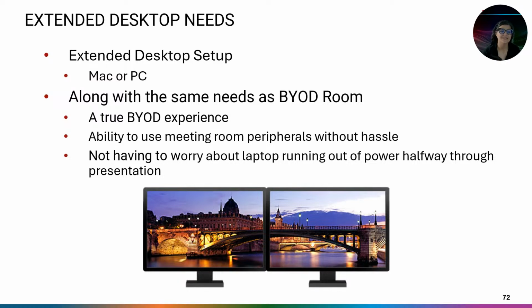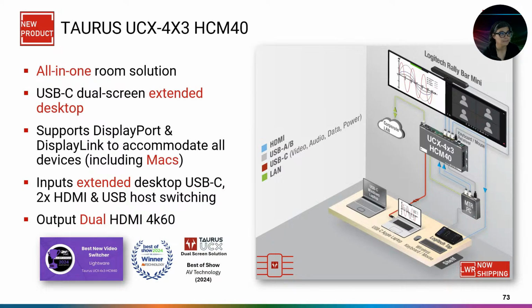And then we need it to act like a true BYOD room, a bring your own device, where whether it's a Mac or whatever, they can come in and they can use it with a true extended desktop, meaning that they've got whatever they're plugged in, their laptop and that screen, and then they've got two separate screens to use, just like what most people have in their home office. And here in the picture, we can see it's two separate screens, but they're sharing that one picture, but each screen is separate. And that'll make a little bit more sense in just a second.